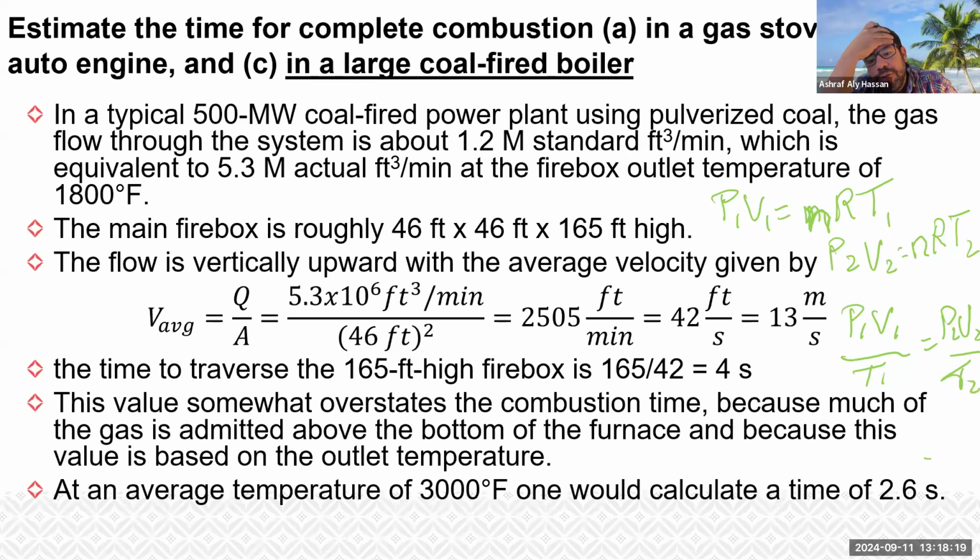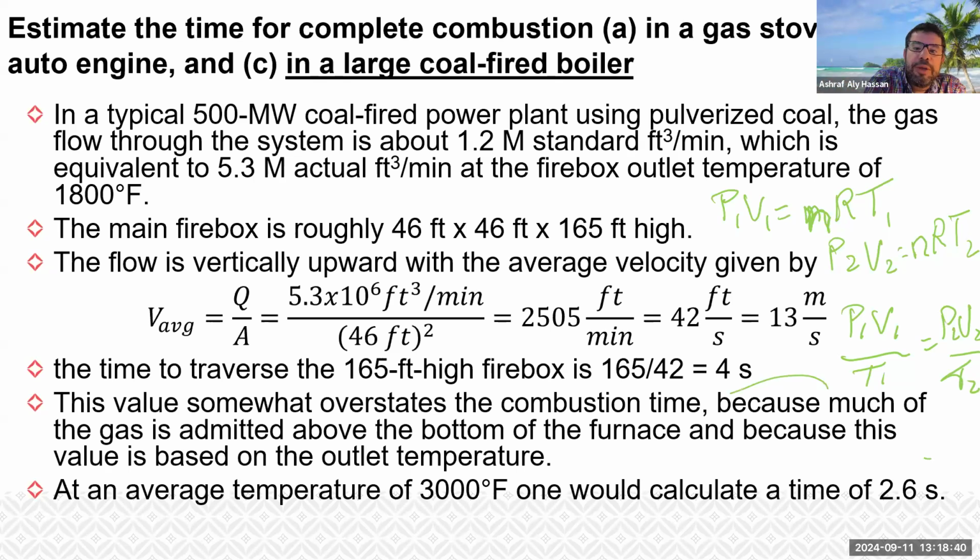And based on the V's, we can estimate what is the actual flow rate. So if I give you the standard cubic feet per minute, which is called SCFM, you can calculate the ACFM, which is the actual cubic feet per minute.